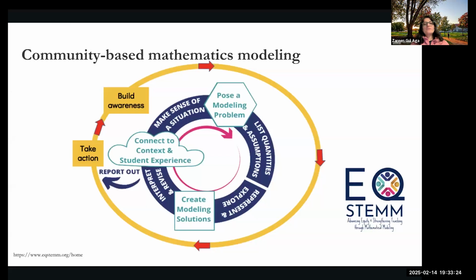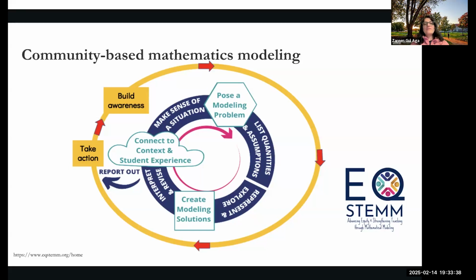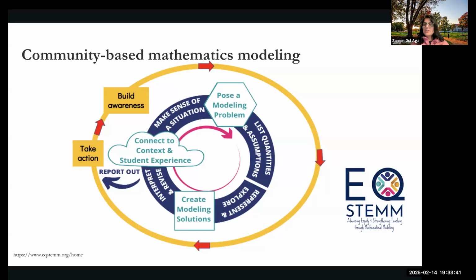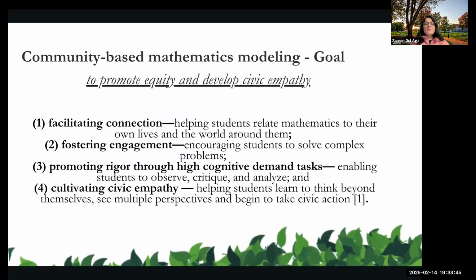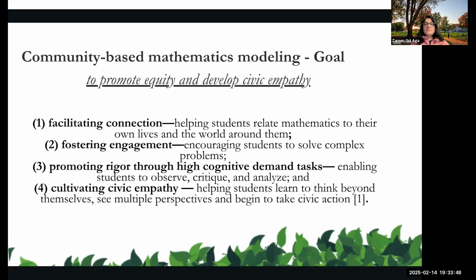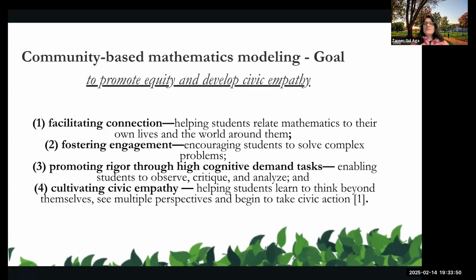The cycle you see outside is the community-based part, where the goal is to start the students off by building awareness about their own lives and the systems within which they're embedded and their communities, and eventually to take some sort of action in their communities using mathematics. The aim of community-based math modeling is to promote equity and develop civic empathy, and also to develop tools using mathematics to take action within their communities.